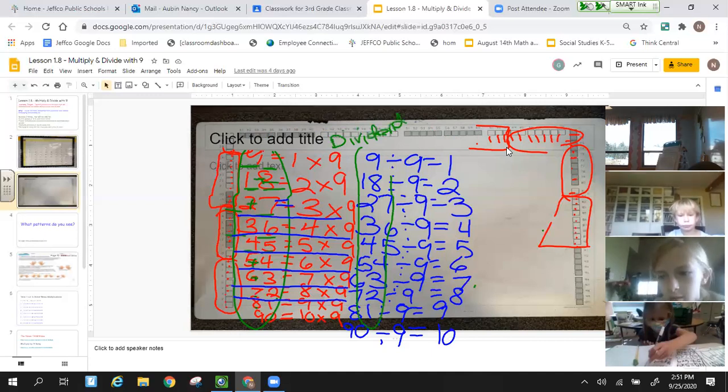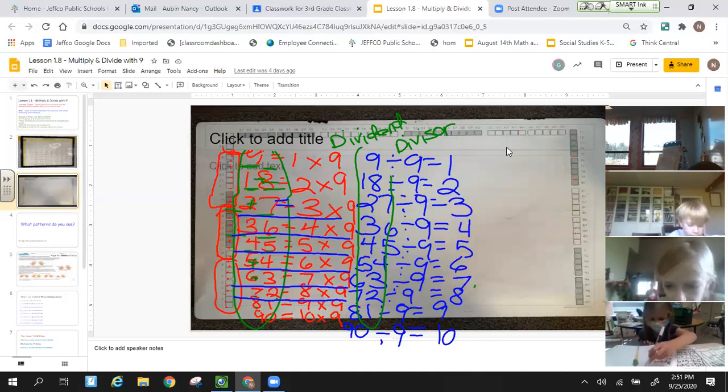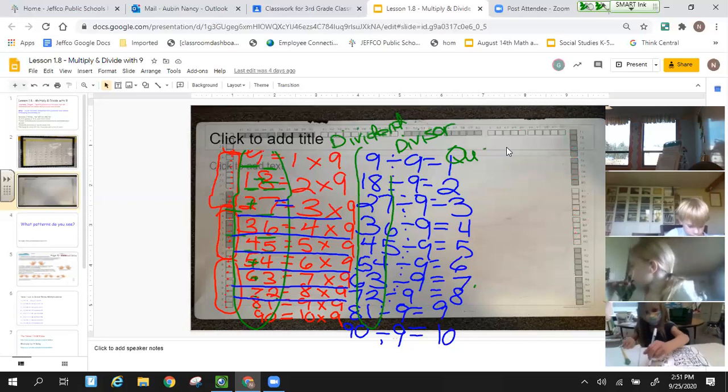What do we call the number that divides into it? Yes, the divisor. Woohoo! And the answer to a division problem, it's not the product, because that's for multiplication. Gosh, you guys are so smart. I just spelled it wrong. Quotient.